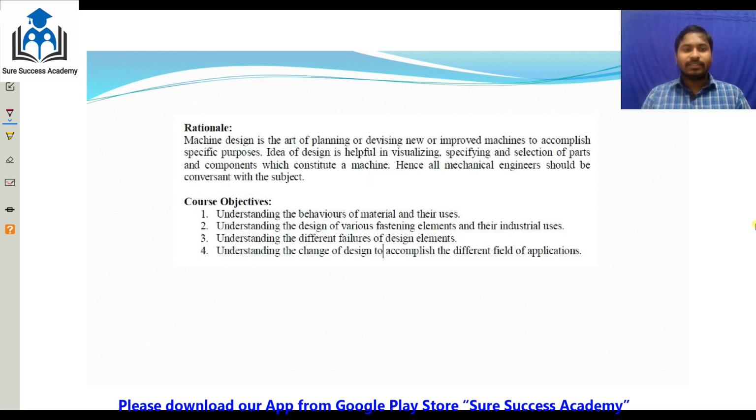So friends, why are you studying machine design? Machine design is the art of planning new and improved machines to accommodate a specific purpose, and the idea of design helps to visualize the selection of specific parts and components which constitute it.